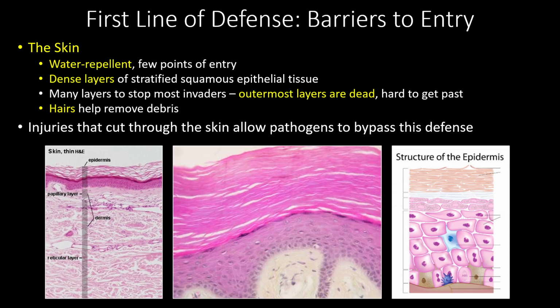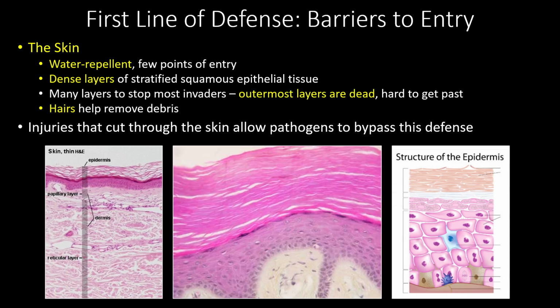It's also water repellent. We have a lot of keratin in our skin, and that has a strong water repellent quality. This can help in a wet environment. It can keep things that are easily dissolved or suspended in water, like a bacterial cell, from just squeezing by our flattened and compressed epithelial tissue.